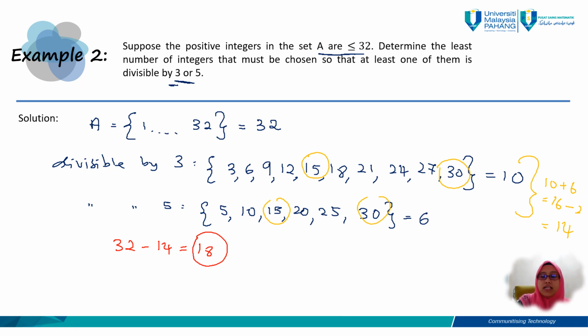So by using the pigeonhole principle, to determine the least number of integers that must be chosen so that at least one of them is divisible by 3 or 5, we must choose at least 19 numbers.